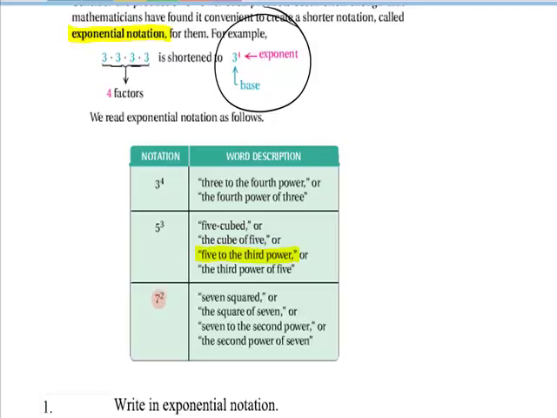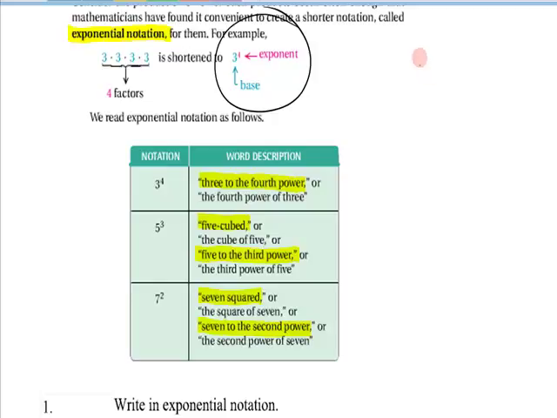If you have 7 with an exponent of 2, it is 7 to the 2nd power. But when the exponent is a 2, it is sometimes called 7 squared. So there are special phrases when you raise things to the 2nd and 3rd power.